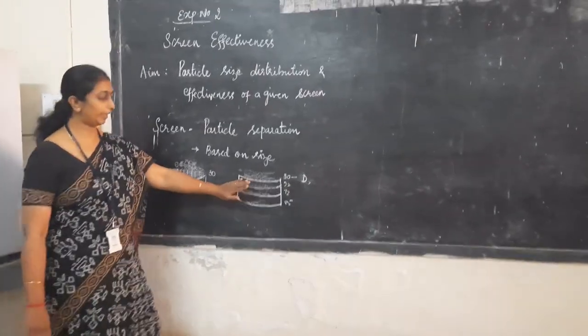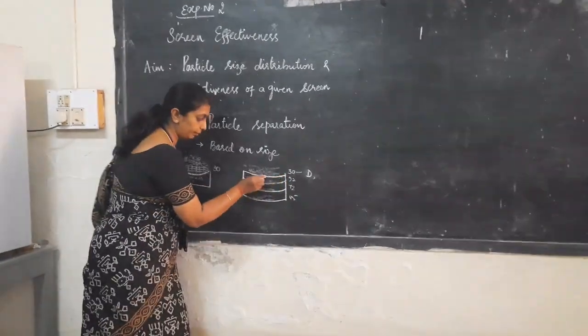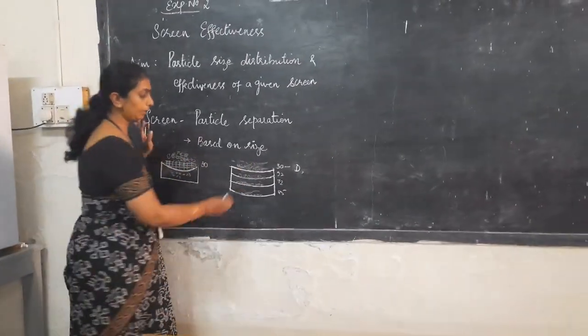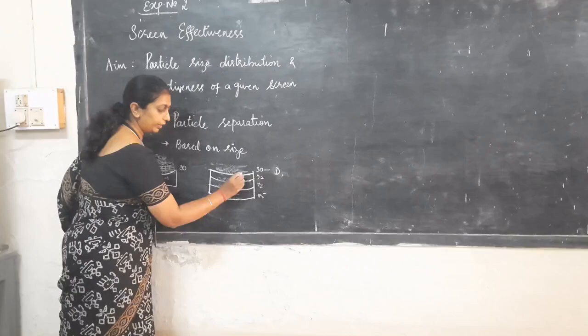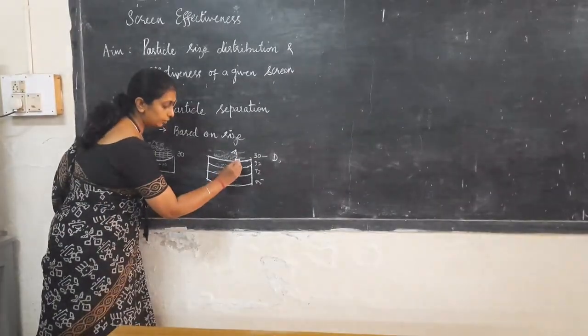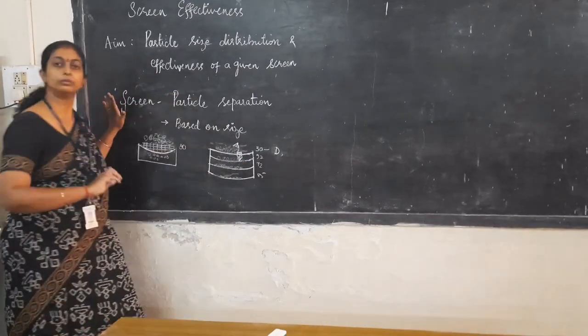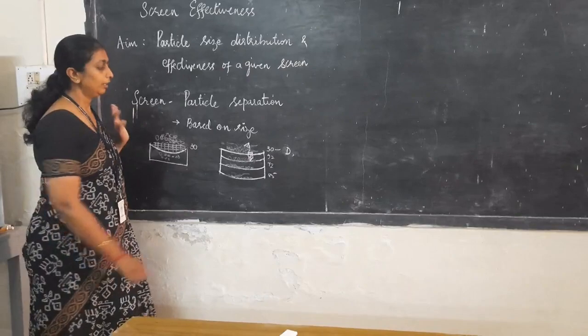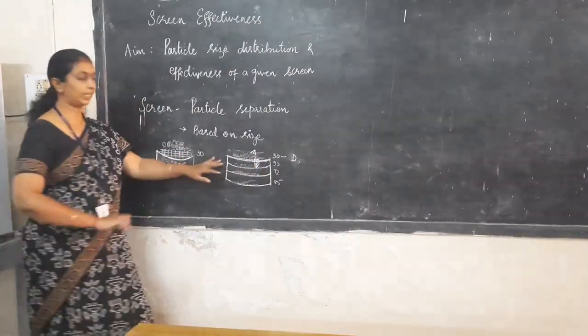But to know how effective this mesh is, say for example if we consider this mesh, it should separate particles larger than the opening of this mesh onto the upper side, and particles smaller than the mesh it should allow to flow onto the next successive screens. This is what we will be doing in terms of screen effectiveness.